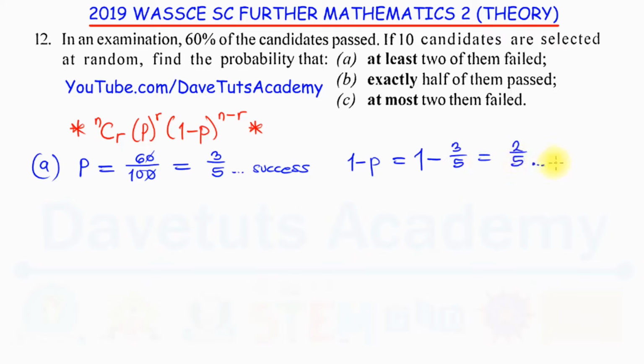So this is the probability for failure, and that's what we are going to be using in this binomial expression, like n combination r. P we have gotten to be 3 over 5, then 1 minus P will be 2 over 5.